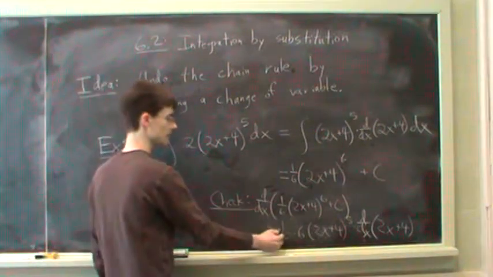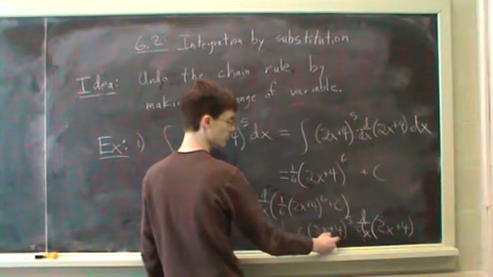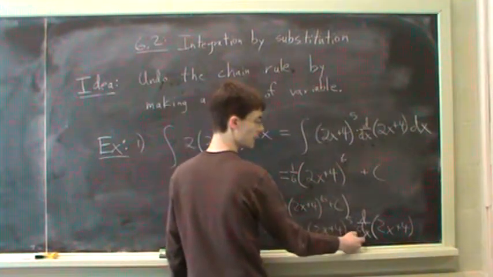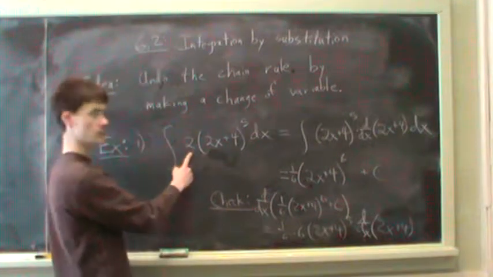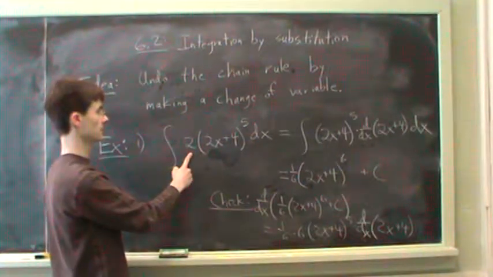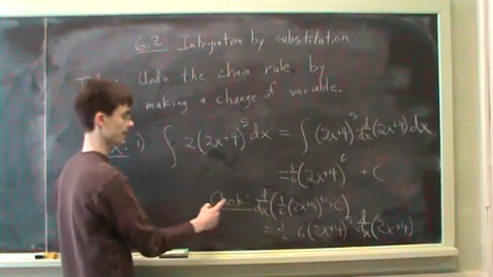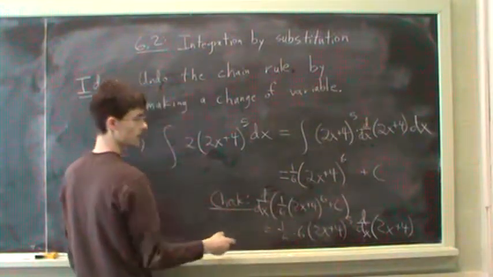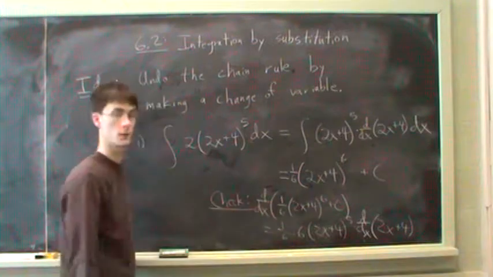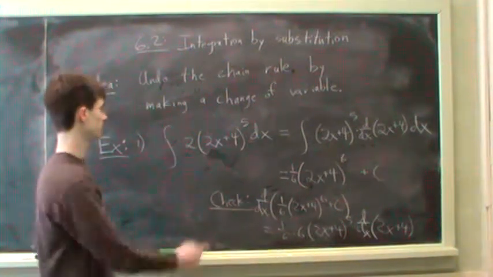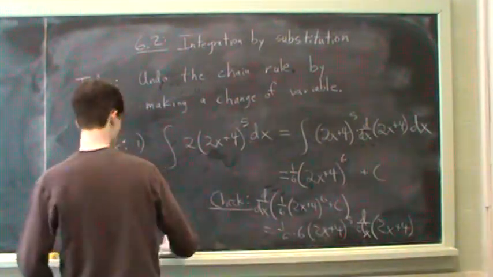And the 1/6 and the 6 cancel. The 2x plus 4 raised to the 5th stays the same, and the derivative of 2x plus 4 is going to be 2. So in fact, we do end up with the integrand as the derivative of our answer, which is what we want. So this will be the antiderivative of this.